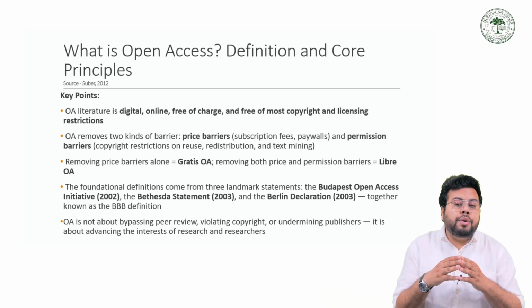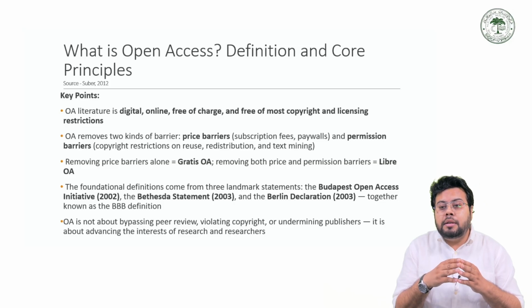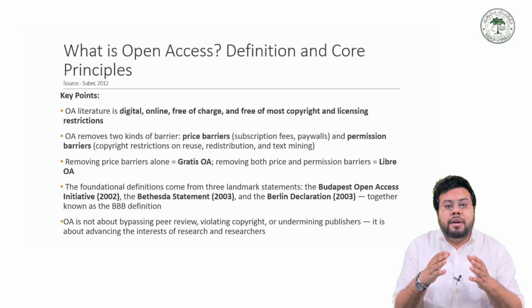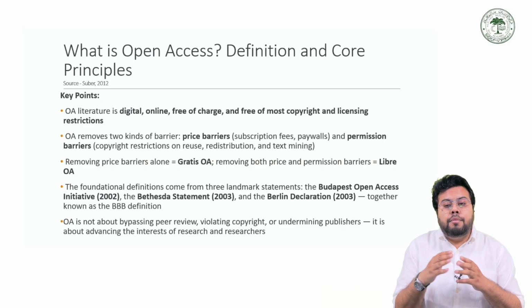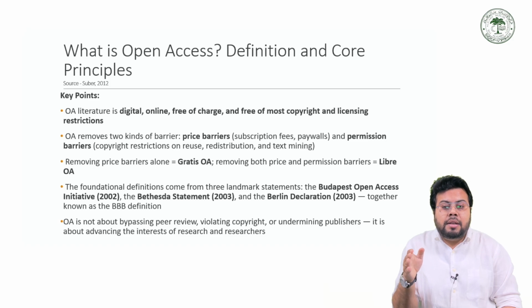The distinction between removing only price barriers, which gives you gratis open access, and removing both price and permission barriers, which gives you libre open access, is one of the most important conceptual tools in this lecture.